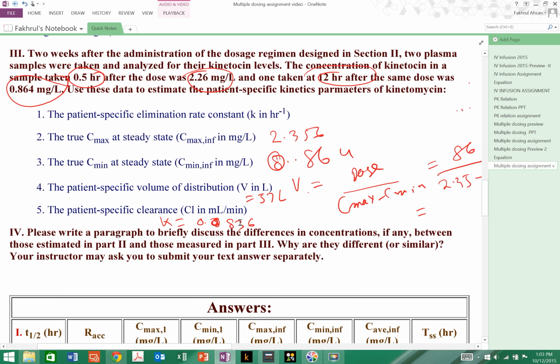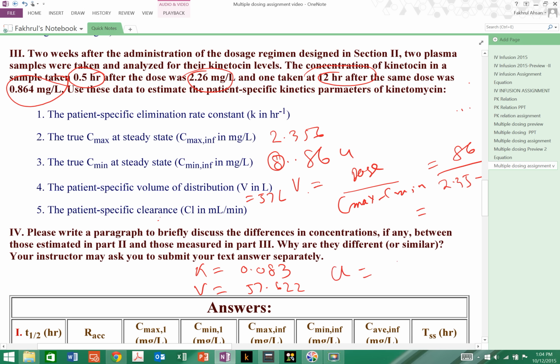We also know the new volume of distribution. Our patient specific K is equal to 0.083. Our new volume of distribution is V equal to 57.622. So from this you can calculate clearance.